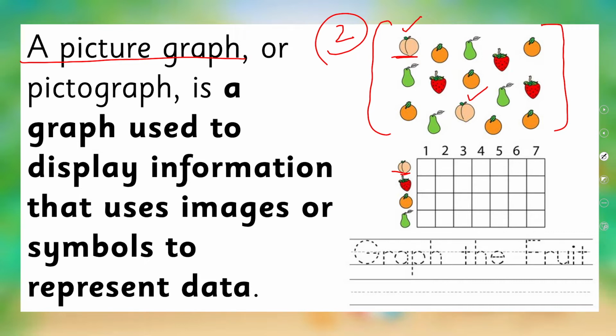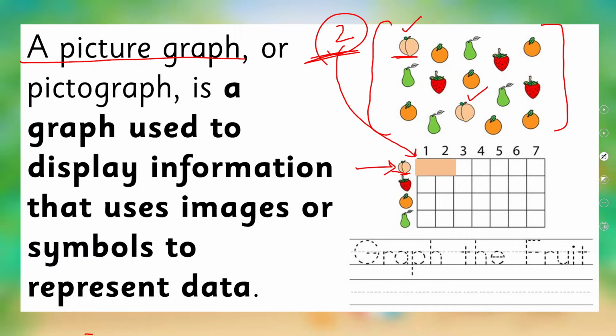But when we show it on graph, how do we do that? For first picture, we'll fill the first box, and for second picture, we'll fill the second box. So this is now the same information. 2 peaches we can write in number, and this 2 is represented in graph like this.